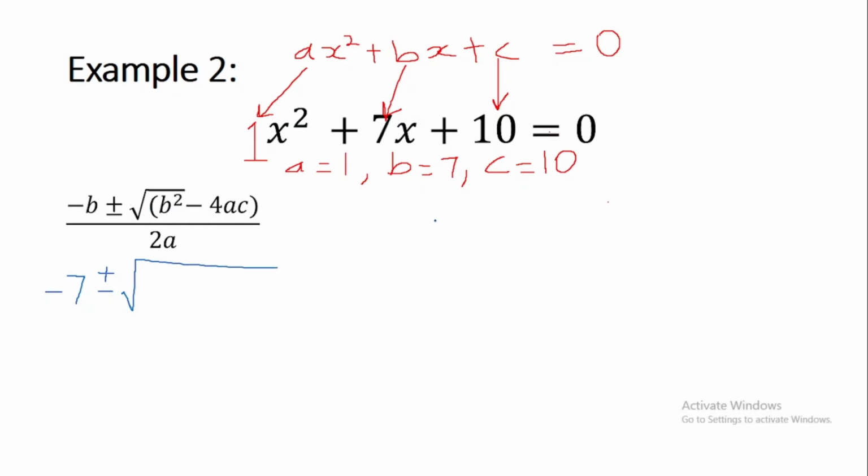So b squared, b is 7, so that's going to be 7 squared minus 4ac. So 4 times a multiplied by c, and c is 10. I'm just using the multiplication sign to show you that I'm multiplying. It means the same thing.